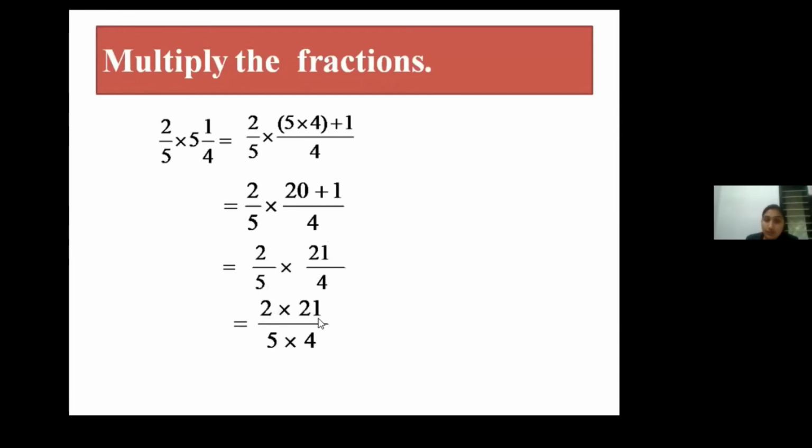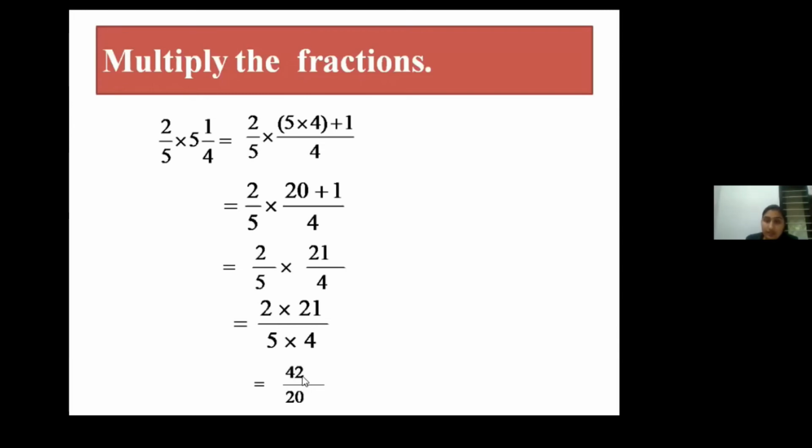2 into 21 is 42 and 5 into 4 is 20. So the answer is 42 by 20. Then both these numbers 42 and 20 have a common factor.